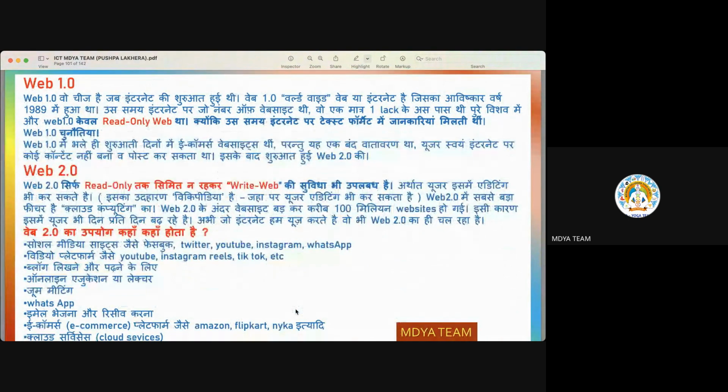So Web 1 is where the internet came into existence, during 1989. When the first website started, there were only around 1 lakh websites all over the world, and it was a read-only web. You could just read whatever information was there, and it was in text form only.